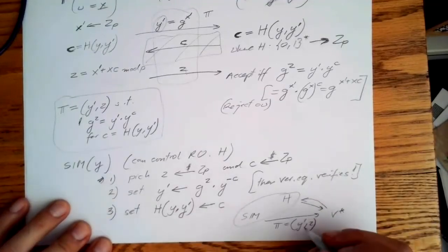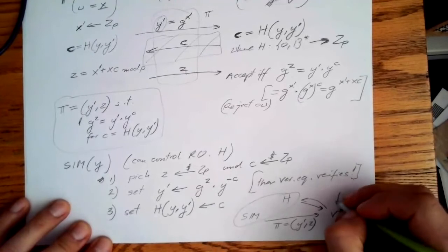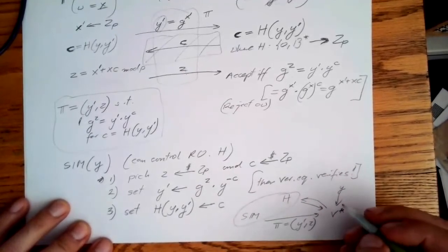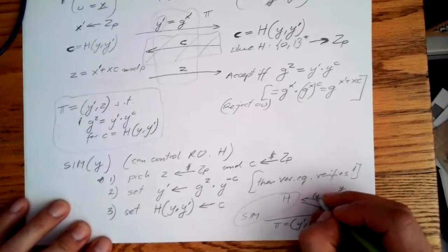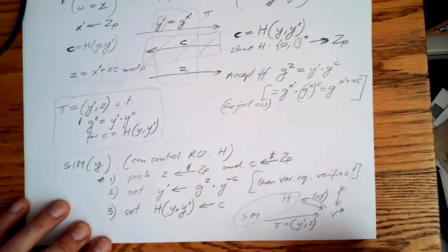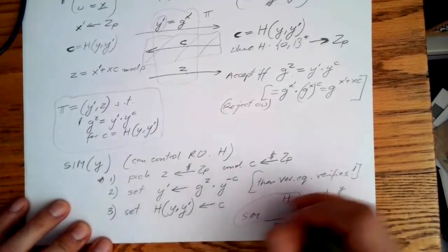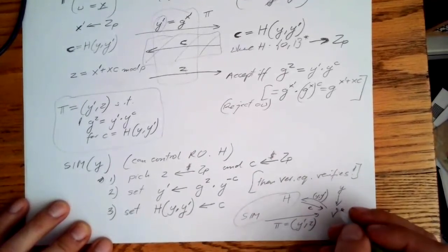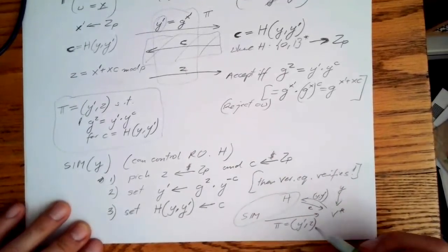And it also learns the statement at the very beginning. So if it sends the y, y prime pair, well, it's set to be c.